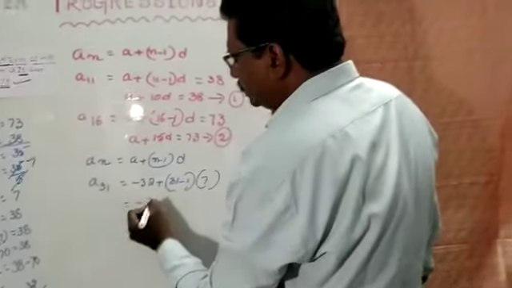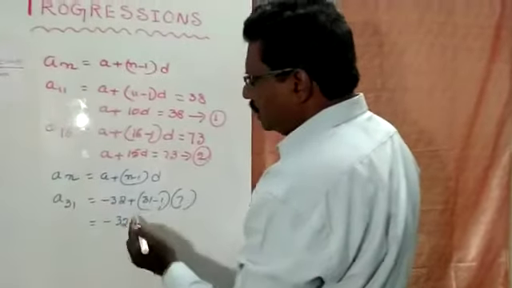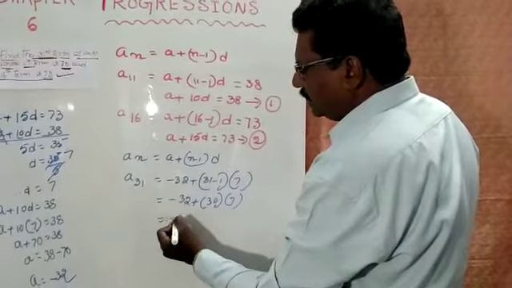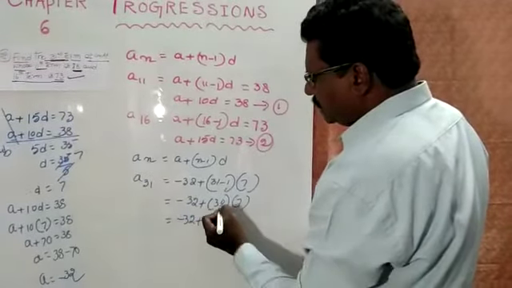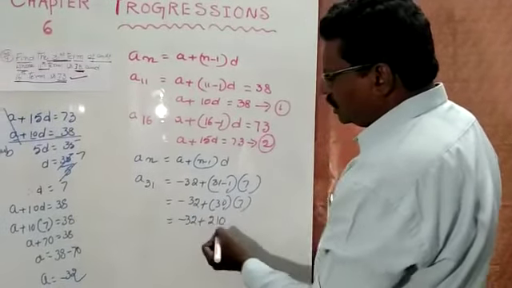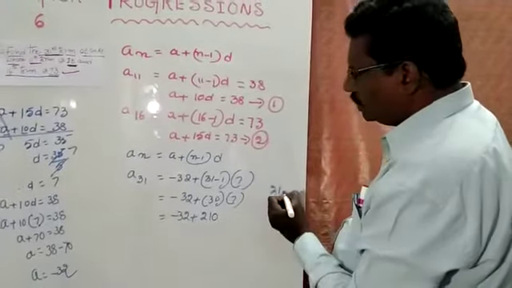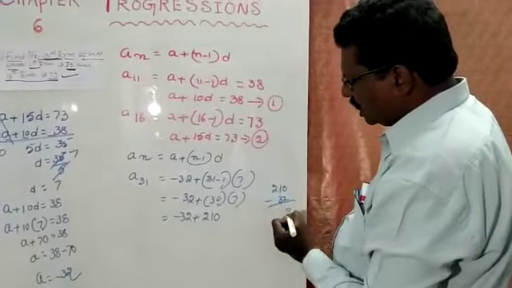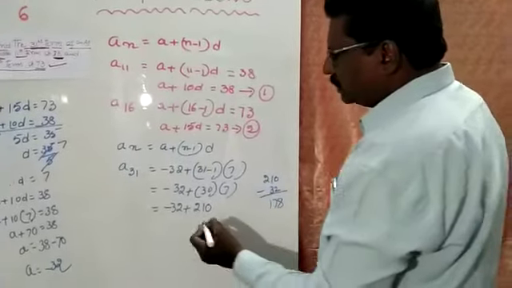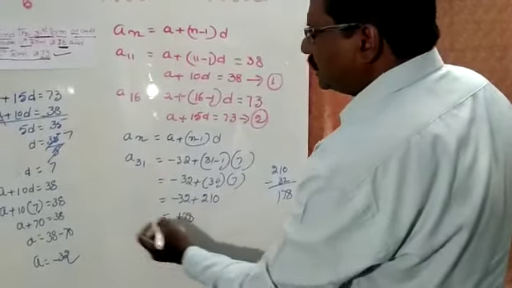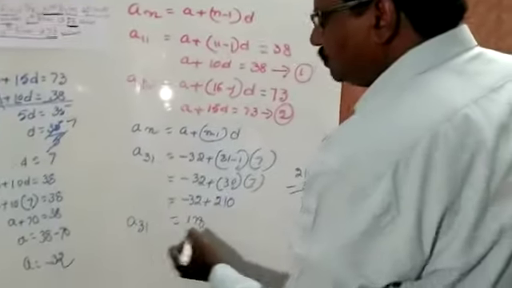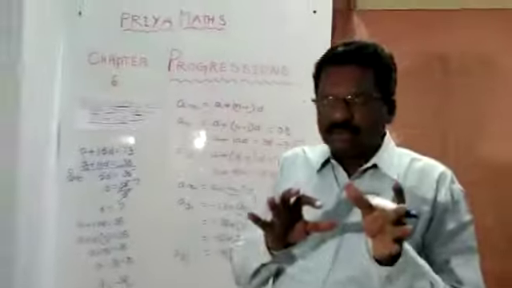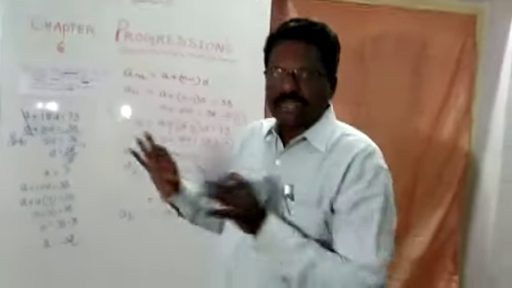So that is equal to minus 32 plus 30 into 7, which is minus 32 plus 210. Subtracting 32 from 210 we get 178. So a31 is equal to 178. Okay students, you have to take the same problems in the textbook and practice them.